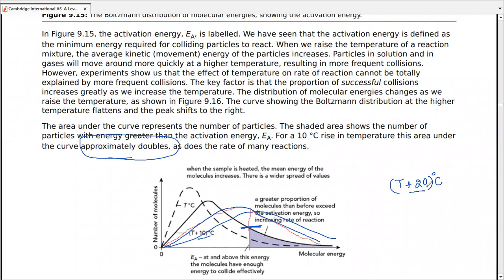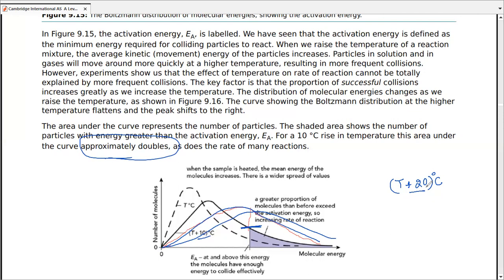Can we affect a 10,000 times difference in the frequency of the colliding particles for effective collision? That's actually not true. So temperature is going to have this effect to an optimum, which is slowly going to fade and not show you a bigger change after the rise in temperature. I hope you get the point, right?